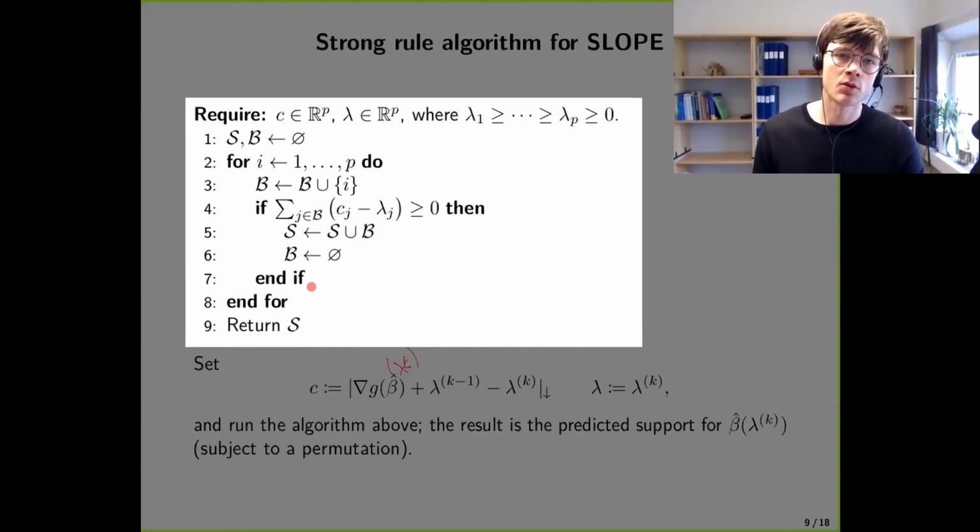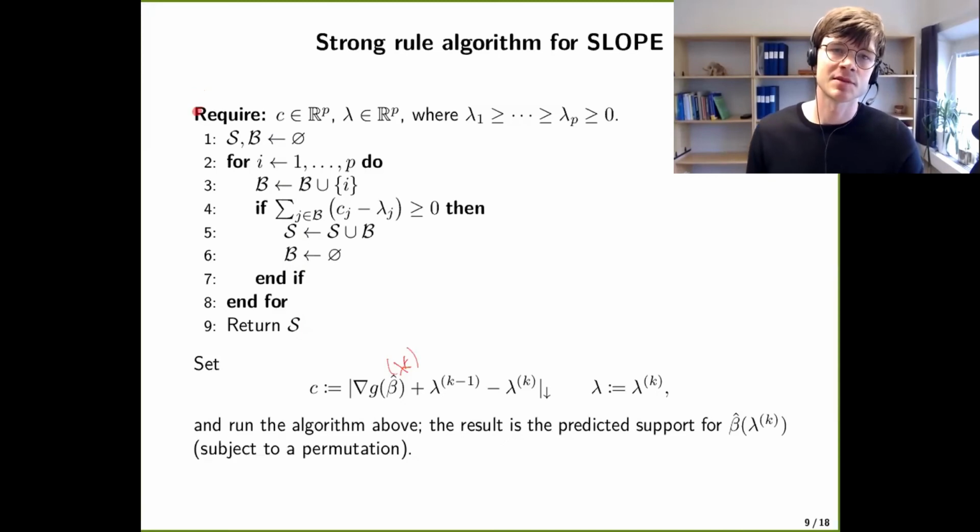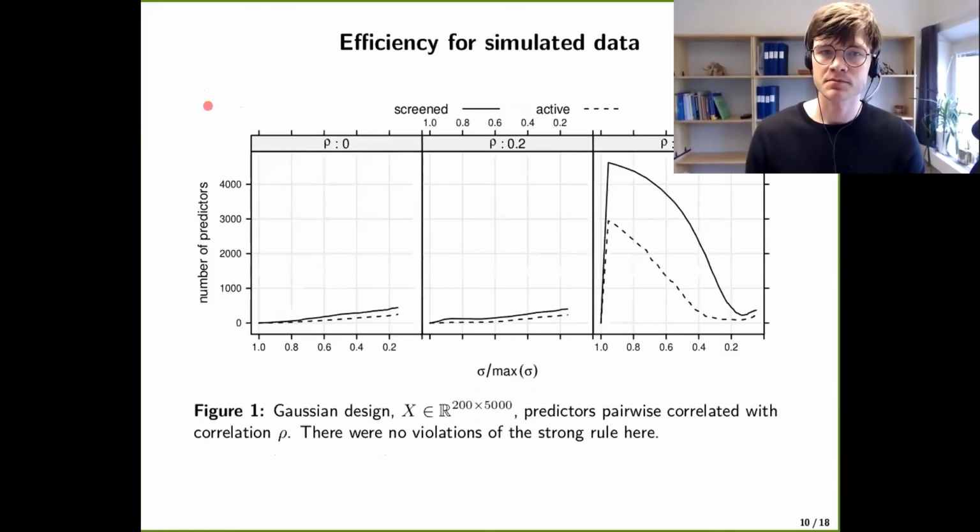This is a little bit more work, and it is somewhat more computationally expensive compared to the lasso estimator. But it turns out that that doesn't matter. The results are still very good, as we will see next. These plots show some results for a Gaussian design. We have a 200 by 5,000 matrix of predictors.